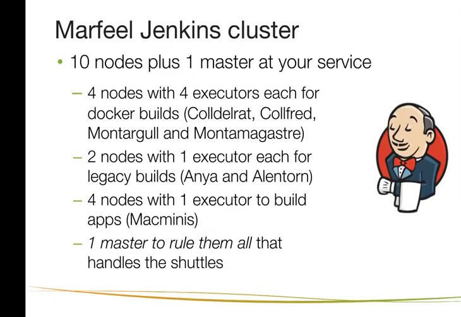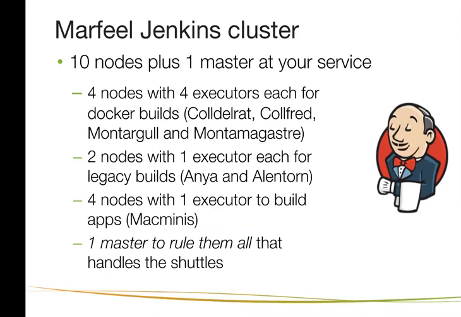So basically what I'm saying is summarized here. It's 4 nodes with 4 executors each, which are the Docker ones, which allow us to run 4 builds at the same time. 2 nodes, the old ones, with 1 executor that allow us to build only 1 project at the same time. The reason we still have these is for legacy purposes, because there are projects that still need to be built like this.